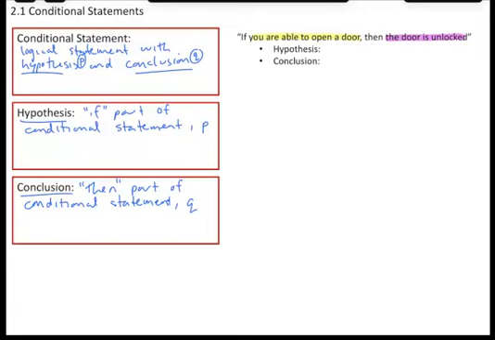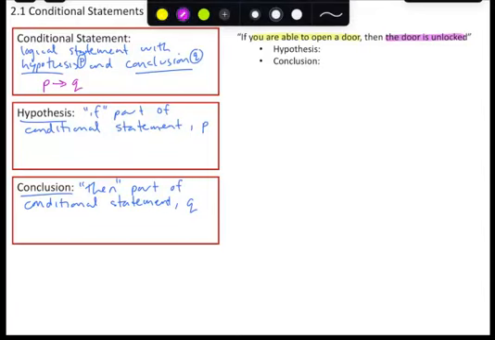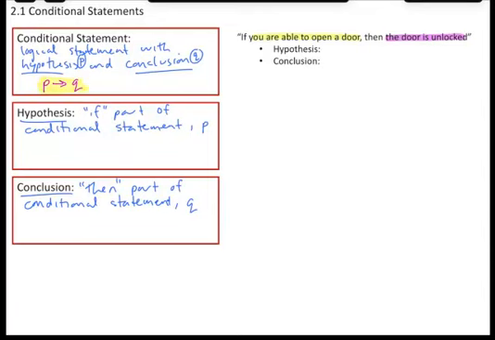Instead of if-then, a conditional statement is going to be represented as if P, then Q. It will be read as if P, then Q. So if some set of conditions is true, then some conclusion is reached.